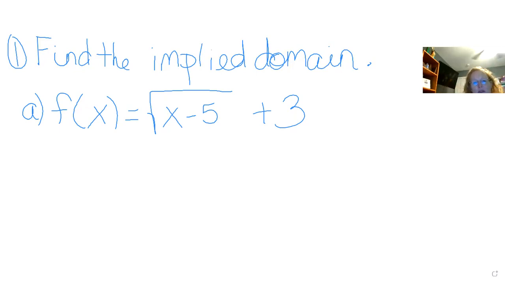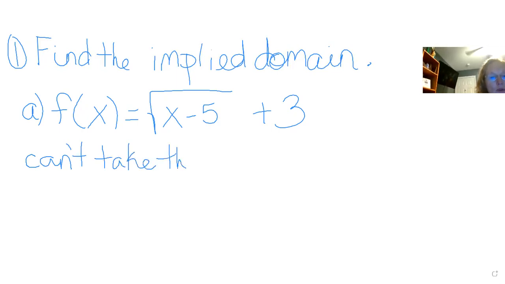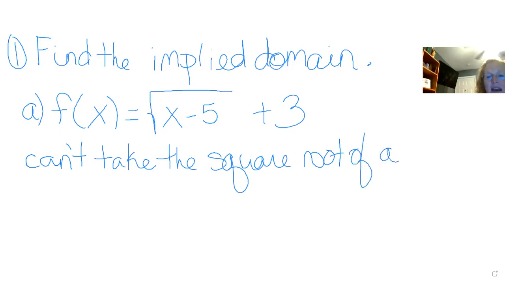So the trick to this one, there's really two ways that you can do it. You can either look at a graph. We'll talk about that in a little bit. What I'm going to do is approach this one from a more algebraic standpoint. If you'll remember, there's a cardinal rule: you can't take the square root of a negative number.